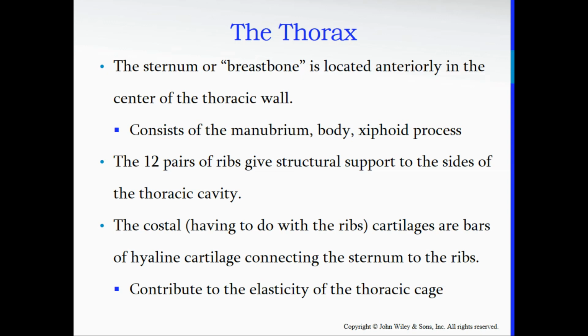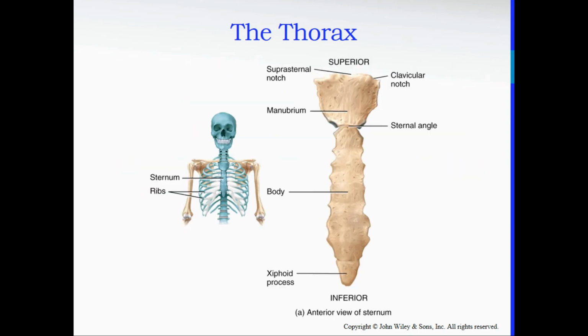The costal, having to do with the ribs, cartilages are bars of hyaline cartilage connecting the sternum to the ribs, and they contribute to the elasticity of the thoracic cage, which is what allows your chest cavity to expand and contract when you breathe. So here is a diagram of the sternum.